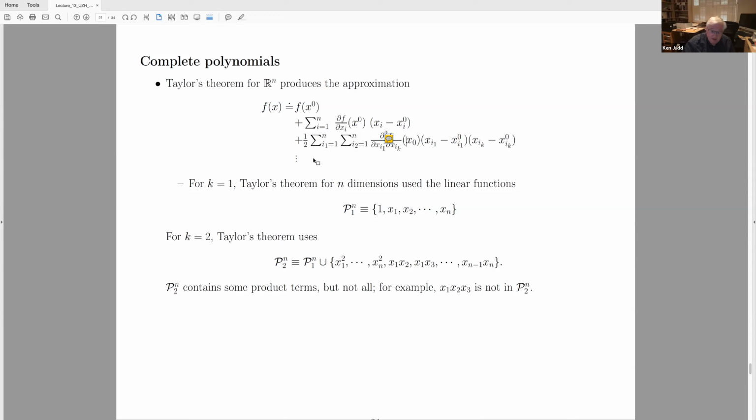And so the size of the space of complete polynomials in dimension n grows algebraically in terms of the degree. So there is not a recursive dimensionality for this. It may get to be big numbers, but it's not recursive dimensionality.